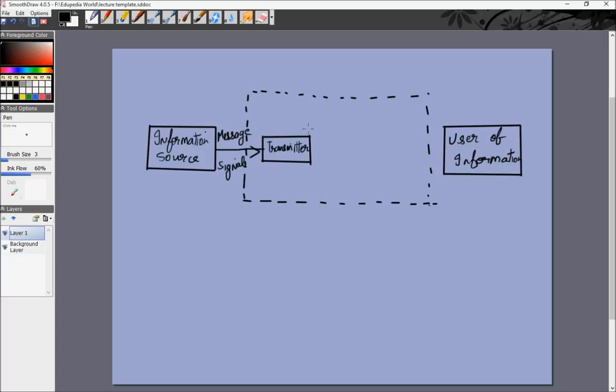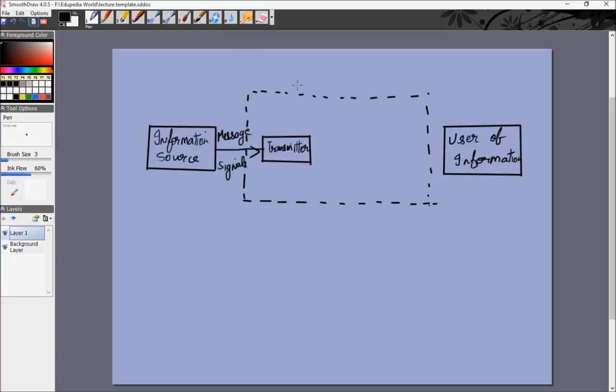So for example, when you are talking on the phone, sound is being sent from one position to another, but sound, as we've already learned, consists of pressure waves, and it is quite hard, in fact nobody's done it till now, that you can send pressure waves through hundreds of kilometers or miles without diminishing them in magnitude. So we need to convert those pressure waves into some other form of energy which can easily travel through long distances. So that's what a transmitter does.